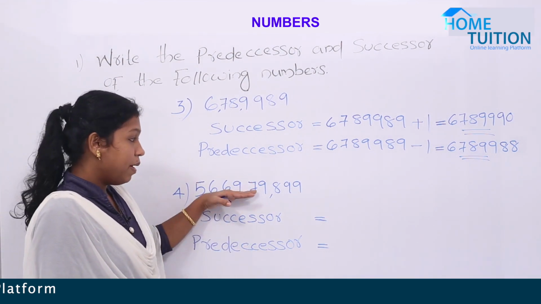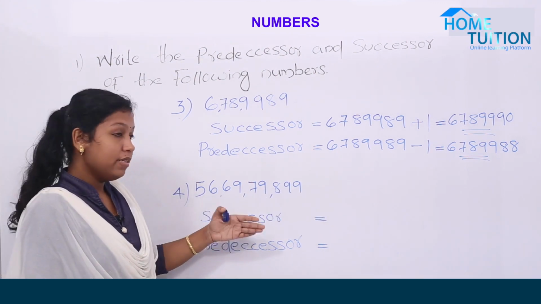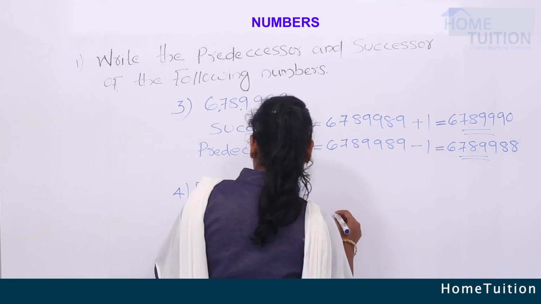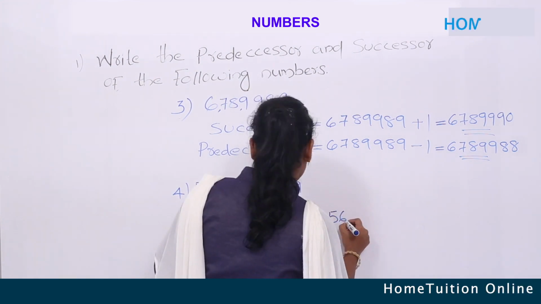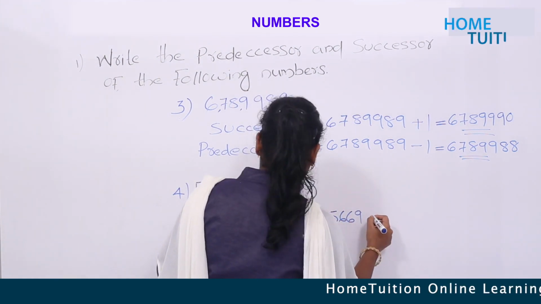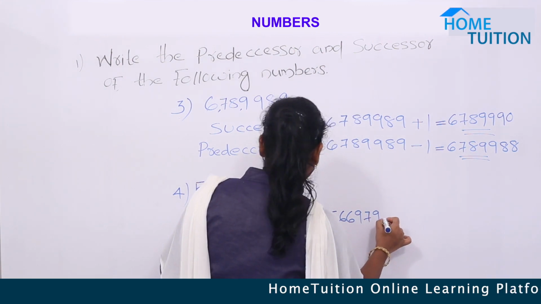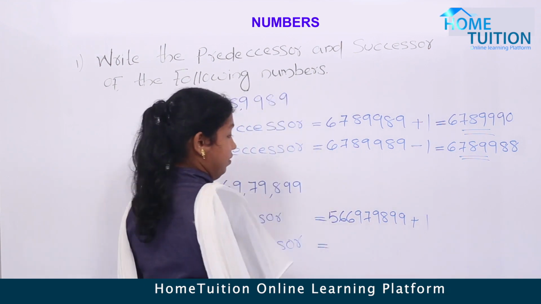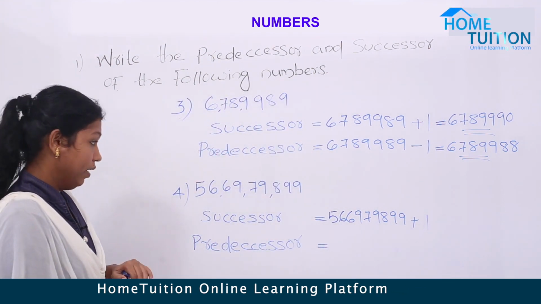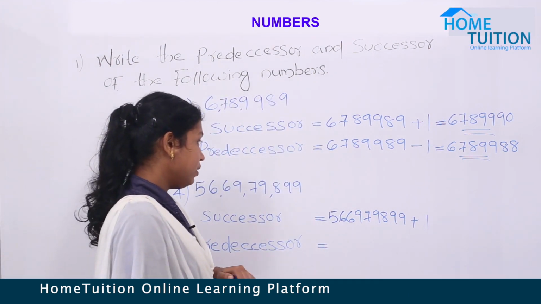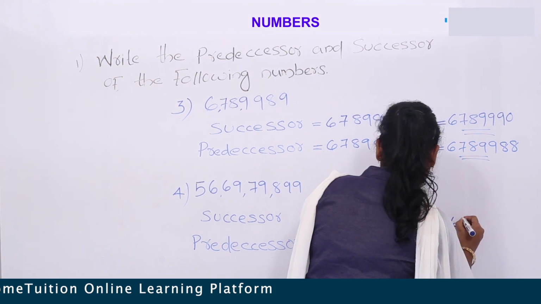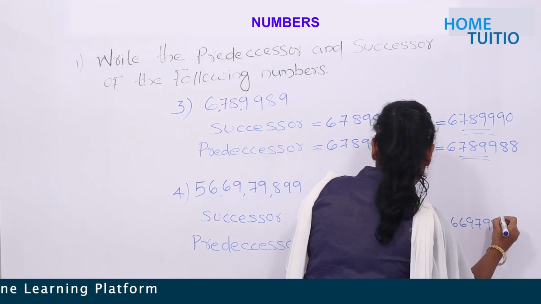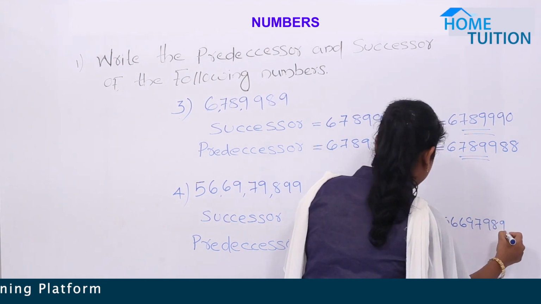Successor is number plus 1. So we write the number 5,6,6,9,7,9,8,9,9 plus 1.